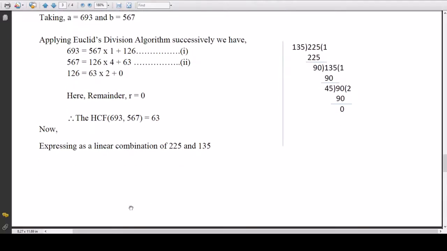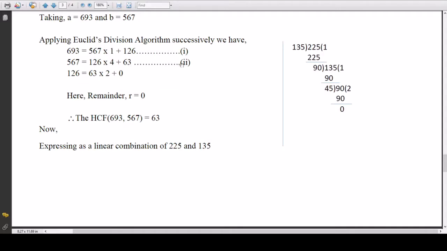Okay, now in the Euclid's division process here there are 3 steps. Therefore, you will mark only the first and second step. The last step you will leave. If there are 4 steps, you will mark only the first 3 steps. You leave the last step. Here, because it's only 3 steps, you will mark only the first and second step.